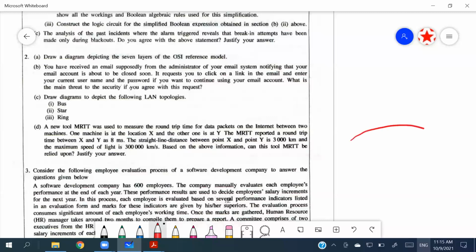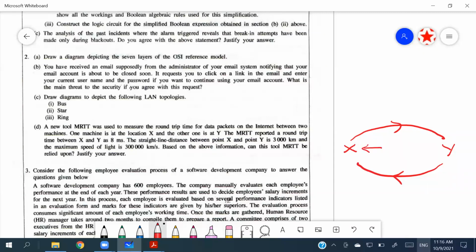Round trip time means going from X to Y and then coming back again. If you didn't know that point and the calculation goes wrong, don't worry, because we don't discuss round trip time in the syllabus now. Right? So round trip time means starting from one point, going to the other destination and coming back, right?